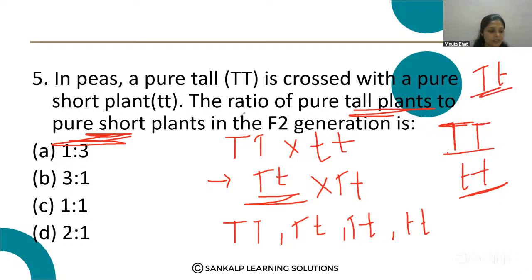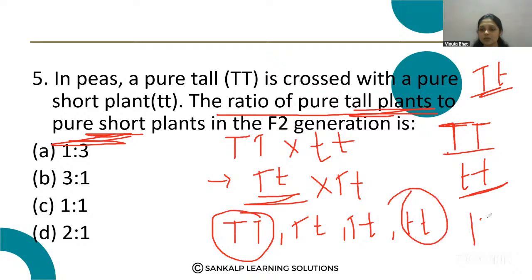So now can you say the answer? Anybody? Not 3:1. Yes, option C. Very good. Here, only one capital T capital T is there, only one small t small t is there. That is 1:1.